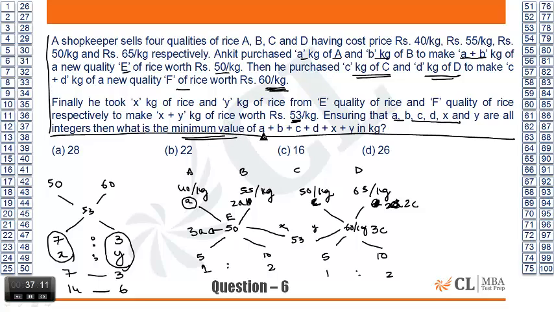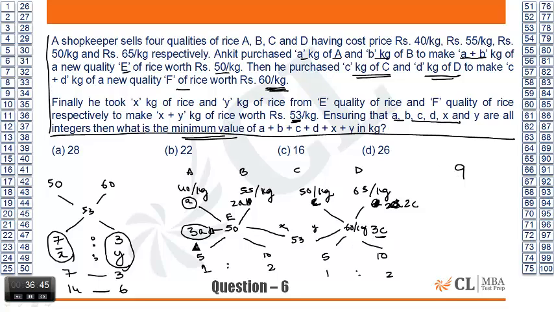We need the minimum value of a plus b plus c. What he has now is 3 times a, that is a plus b. He needs to take at least 7 out, which means a cannot take the value 1, a cannot take the value 2, a can take the value 3, because when he has 9 kg, he can take 7 out. So a plus b will be equal to 9.